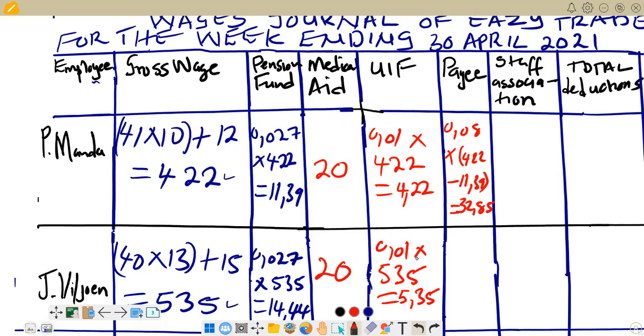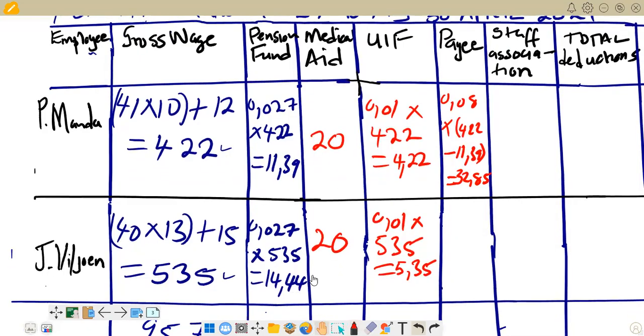Then we go to JV join. We can do the same there. We are saying 0.08, multiplying by the gross, which is 535, then we subtract the pension fund, which is 14.44.